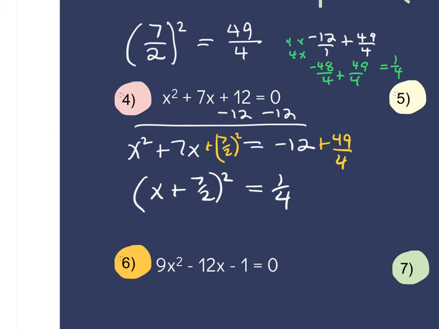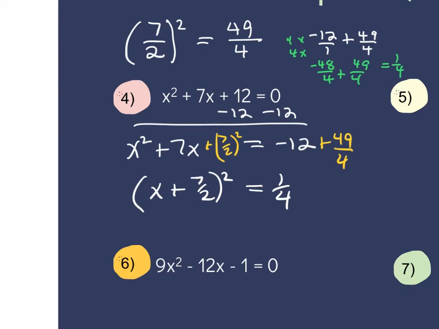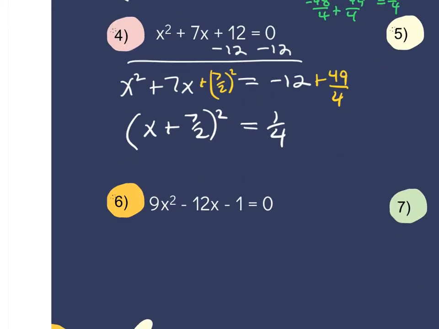Now I apply the square root method. Square root the left side and the right. This gives me x plus 7/2 equals, and I can root the fraction individually. Square root of 1 is 1, square root of 4 is 2.